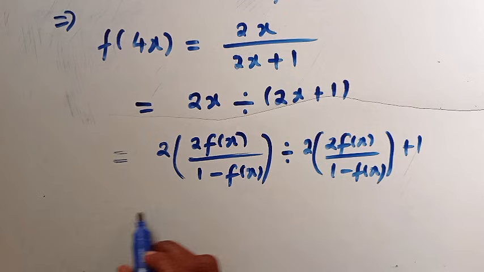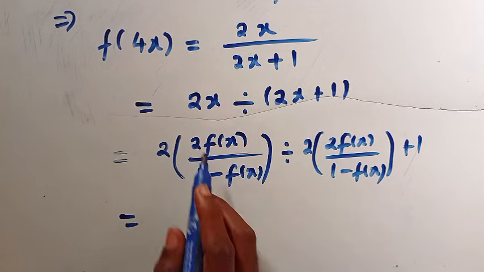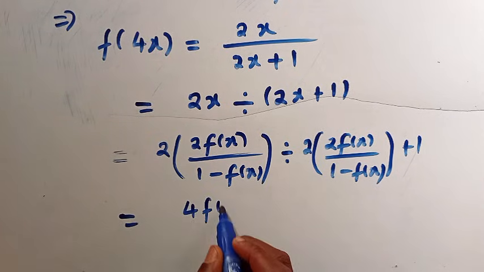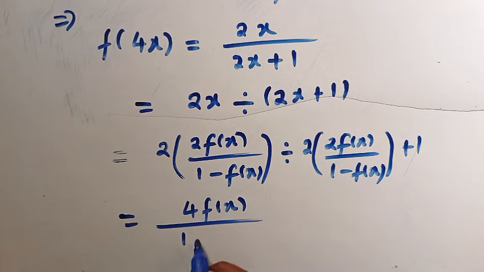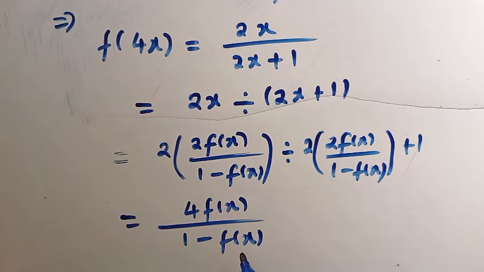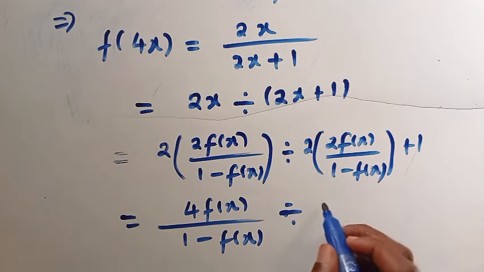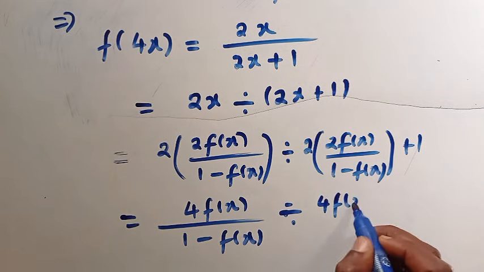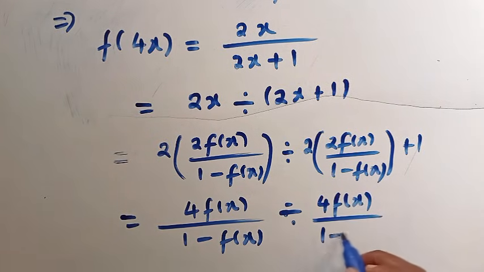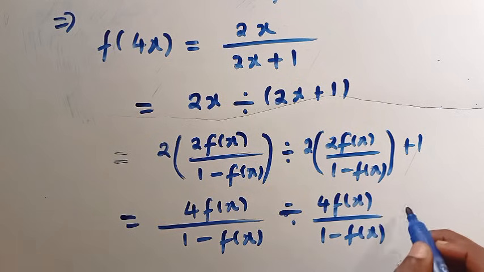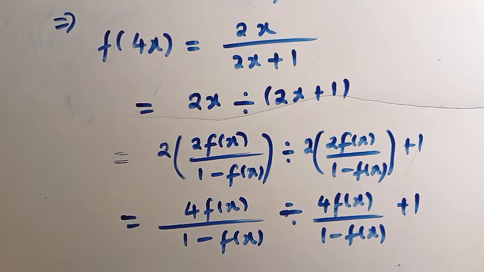By opening this with 2 times 2, that is 4 f of x divided by 1 minus f of x, then divided by, again we have 4 f of x divided by 1 minus f of x, then plus 1.